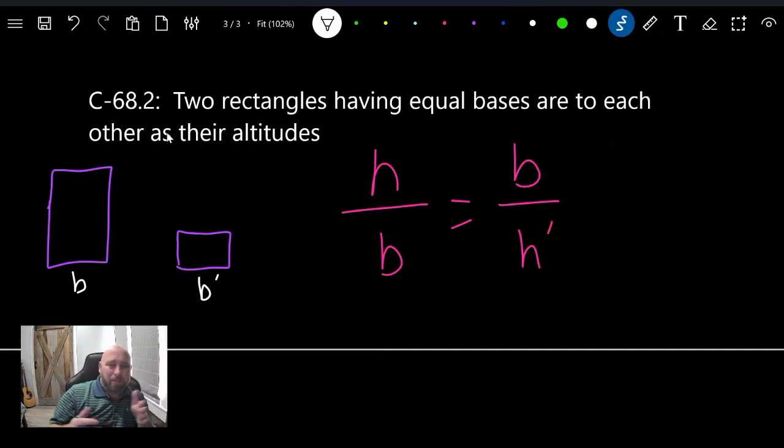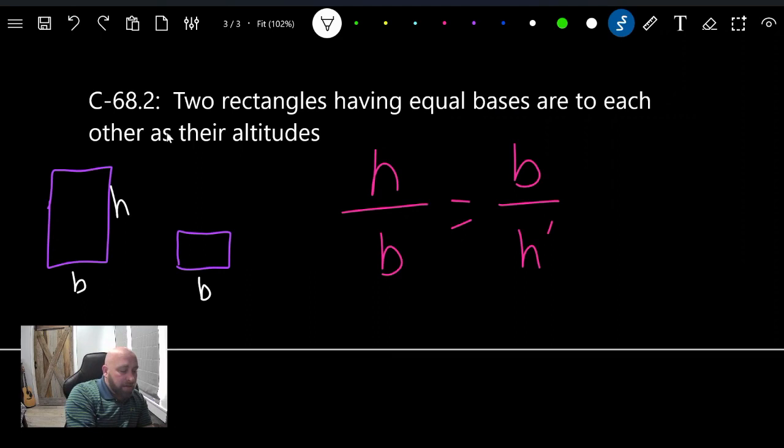Technically, it's still base and base prime, but you're dealing with a different size shape. You're not dealing with equal shapes, you're just dealing with equal bases. So it's a little bit different. These shapes are not equal, right? This first one is a lot bigger than the second one. But that's fine. We're just dealing with the equal base here.